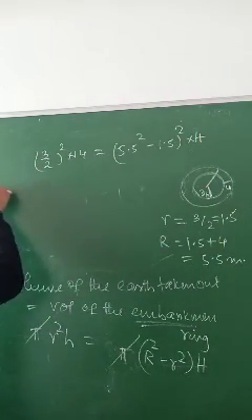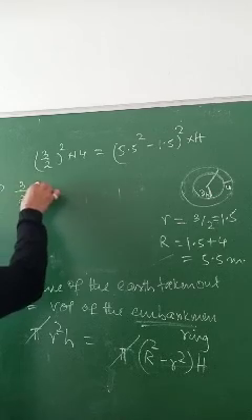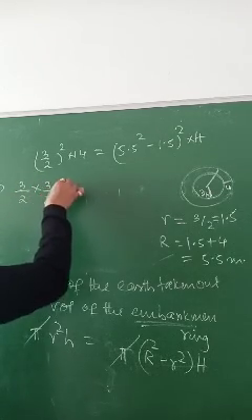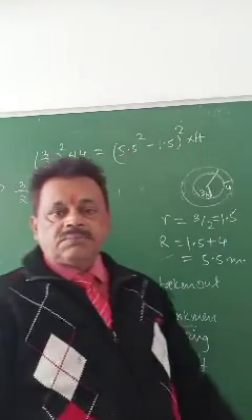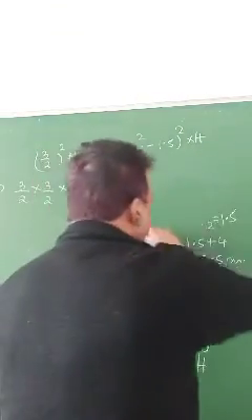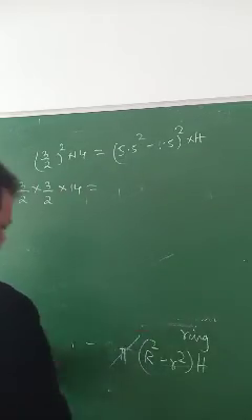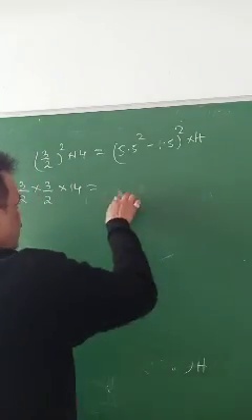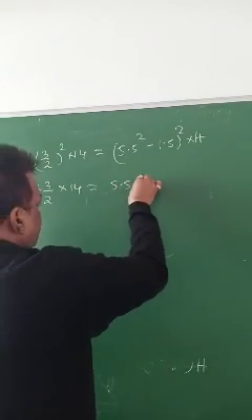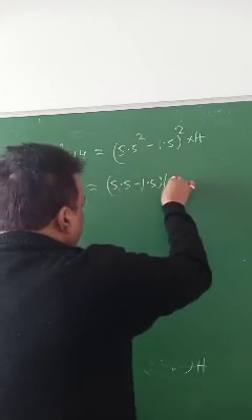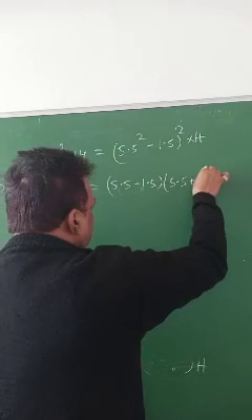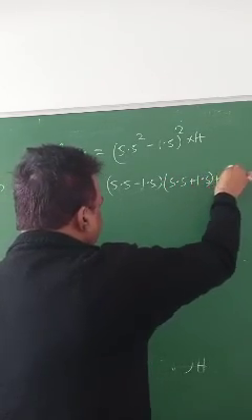So you can simplify 3 by 2, 40. This is a square minus b square formula, easy for us. That is 5.5 minus 1.5, 5.5 plus 1.5 h.